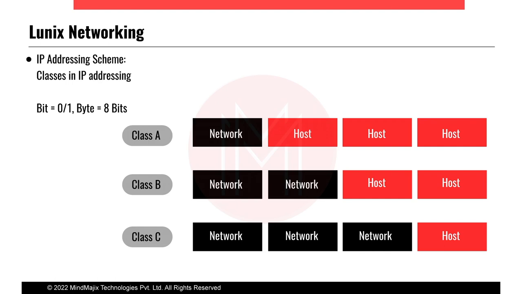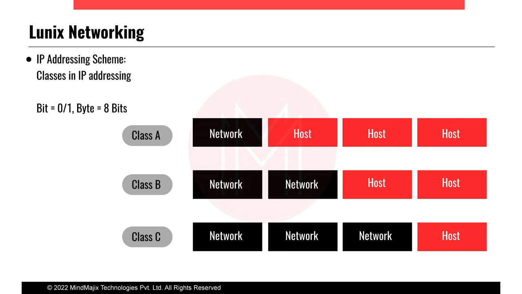The 4 chunks are each 8 bits, or a byte. For class A, 8 bits are the network bits and the remaining 24 bits are the host bits. For class B, 16 bits are the network bits and 16 bits are the host bits. For class C, 24 bits are the network bits and 8 bits are the host bits.